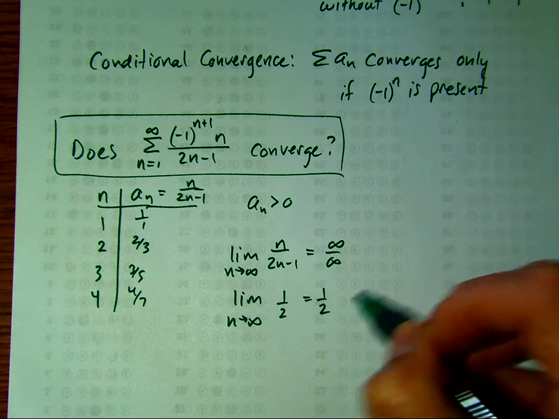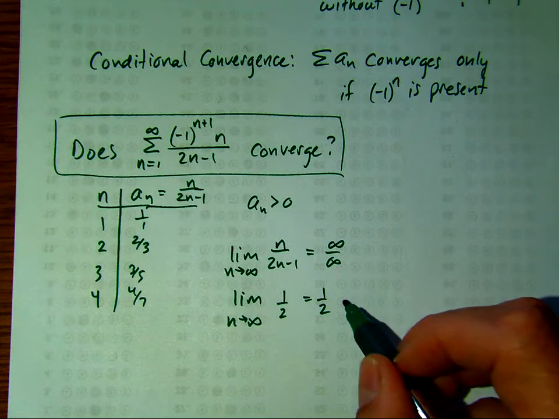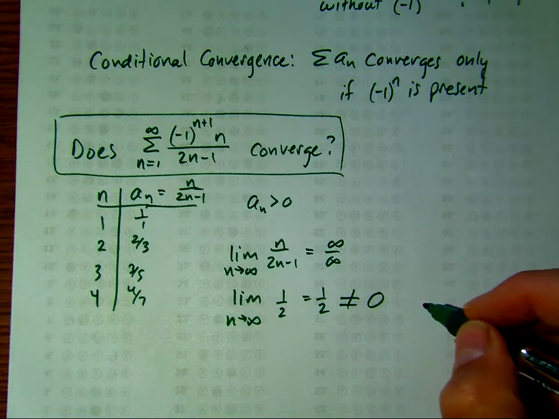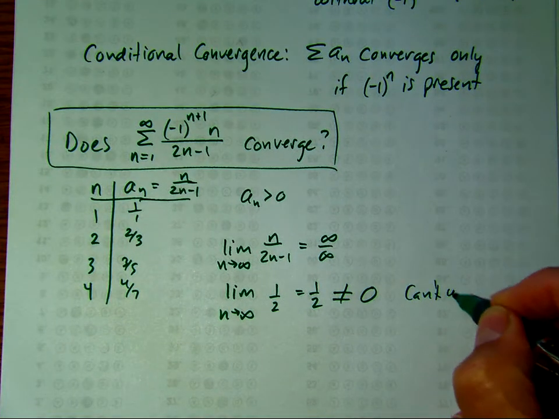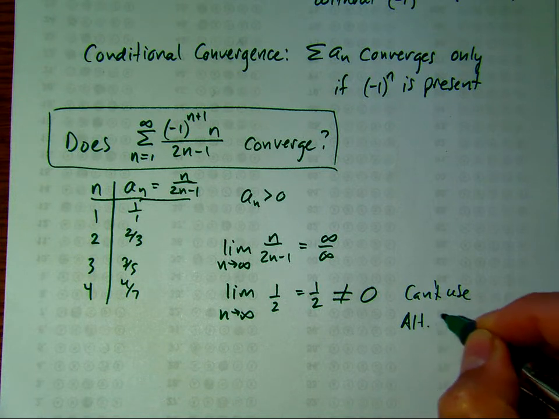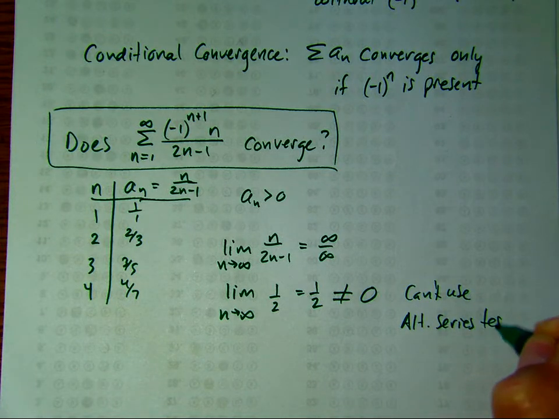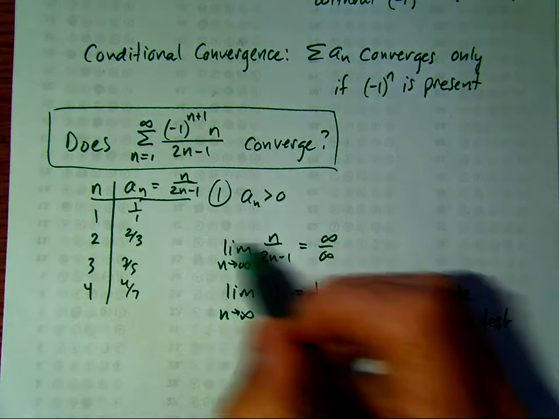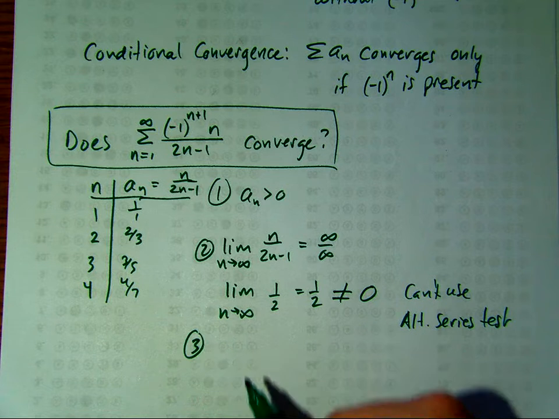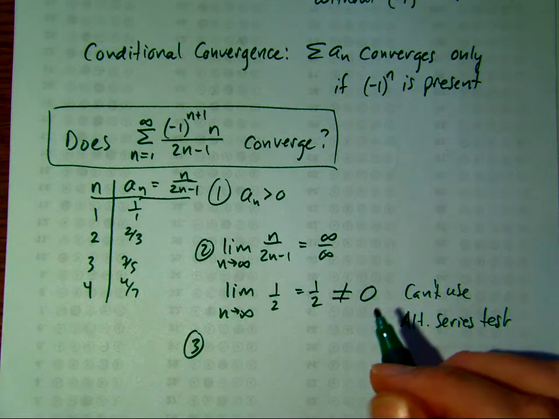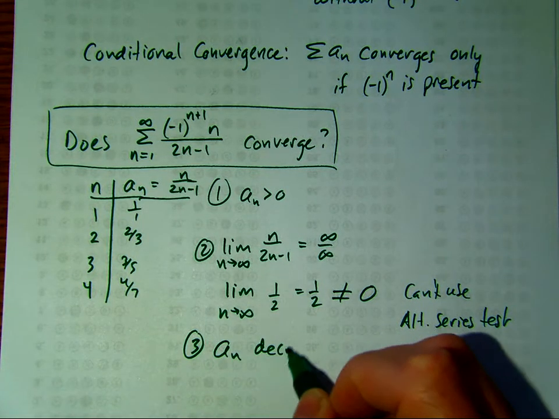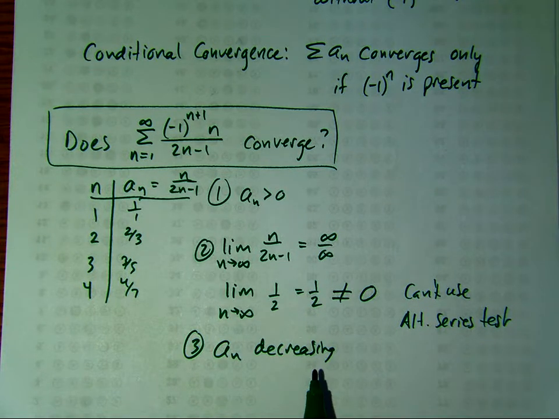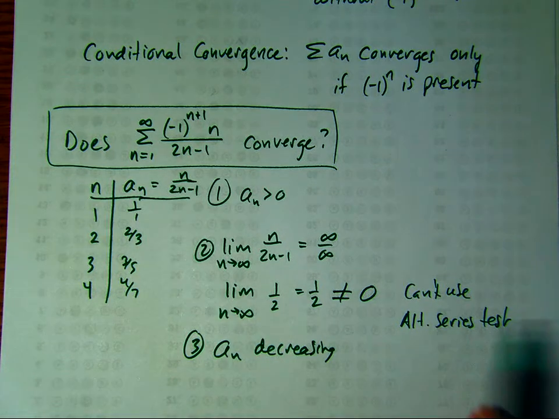All right, so there's the problem. The limit is not 0, so we can't use the alternating series test. We had 3 conditions, and the third condition was decreasing, but we just stopped there on the second condition because it wasn't satisfied.